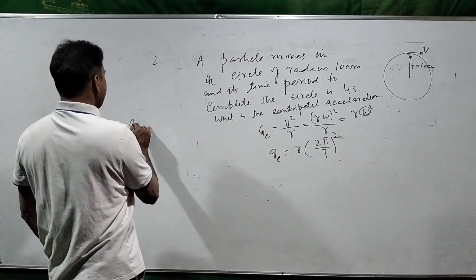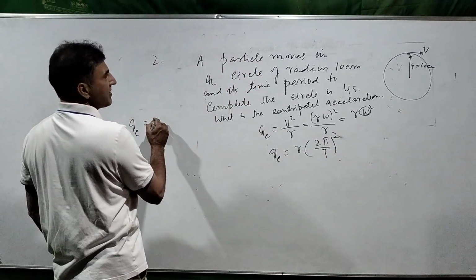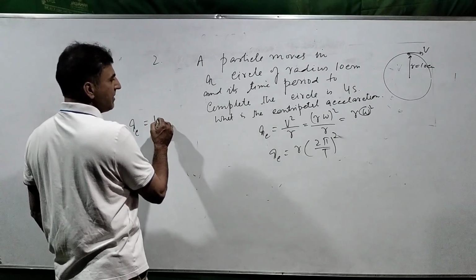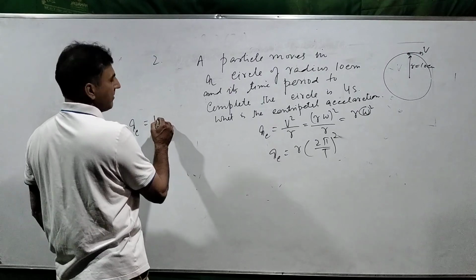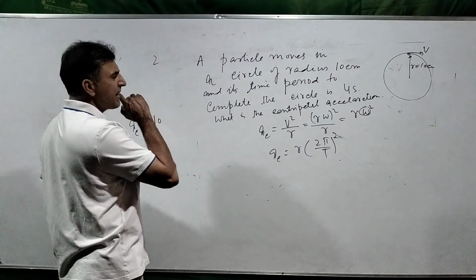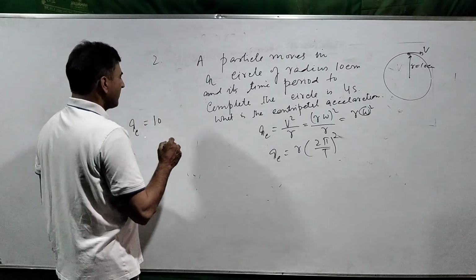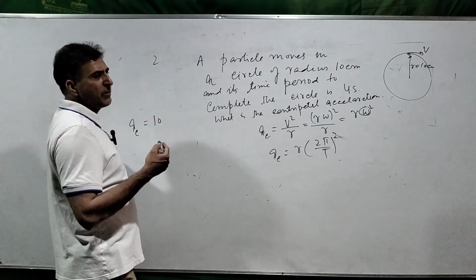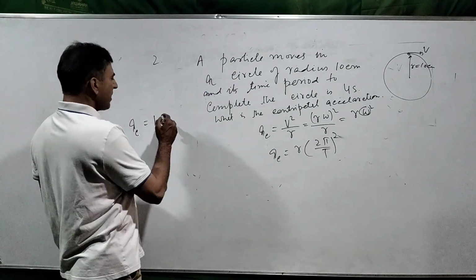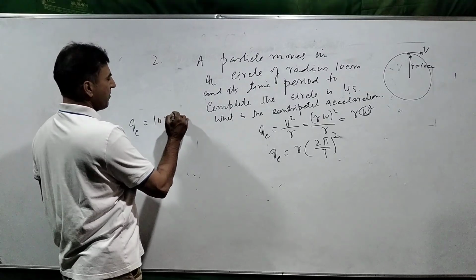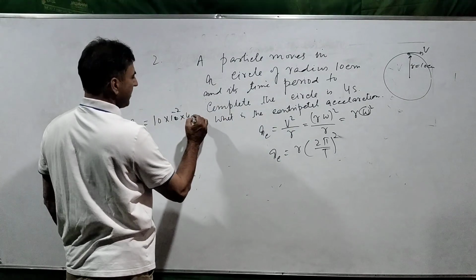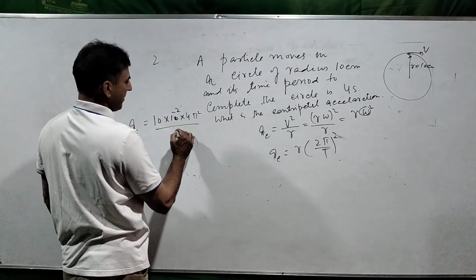And what is centripetal acceleration? r is 10 centimeters. Should we make it meters per second? We'll keep it centimeter per second square. You can use the CGS system or the SI system, but the radius is given in centimeters, so I can convert it into meters. Let me convert it to meters: 10 raised to power minus 2 meters into 4 pi square by T square.